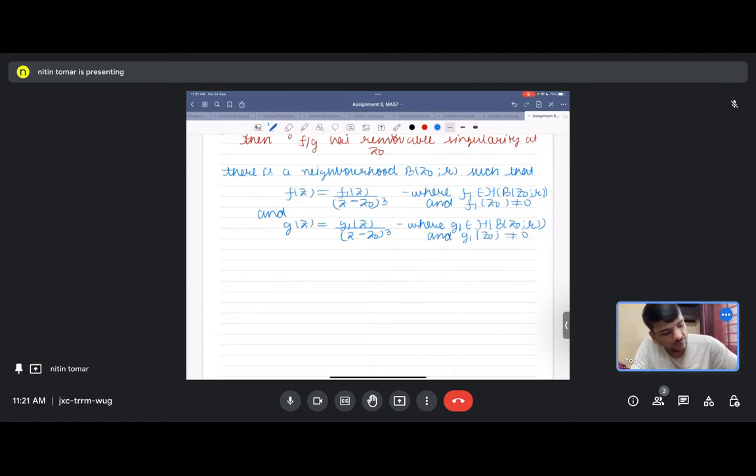Then what if you divide f(z) by g(z)? What will you get? You will get f1(z) by g1(z), right? Now you see at z naught, this function is analytic.